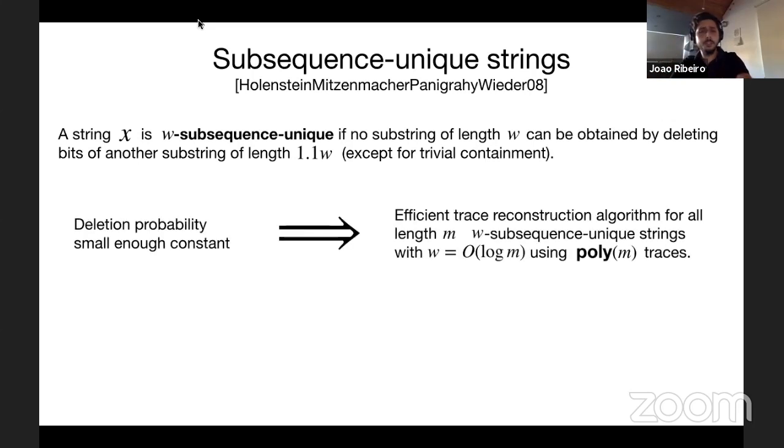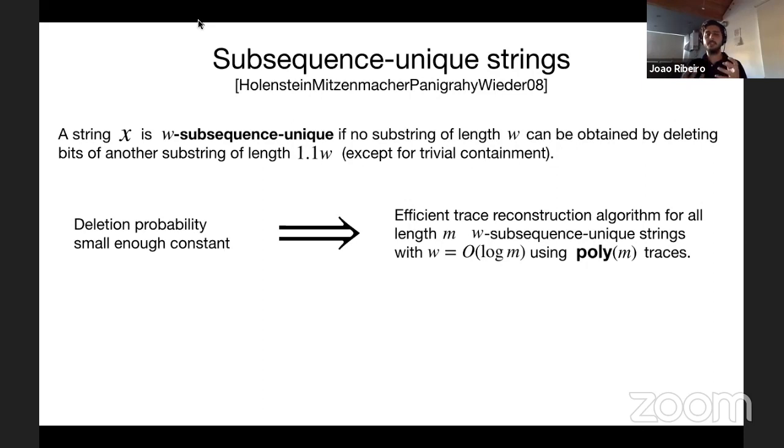Now, this is useful because if you recall the algorithm that we went through a while ago, the result says that if the deletion probability is a small enough constant, then you can do efficient trace reconstruction for subsequence-unique strings using just polynomially many traces.